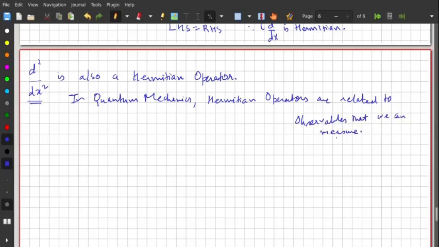So we will see that the eigenvalues of Hermitian operators are the measurables. Okay, so I will write it down here.